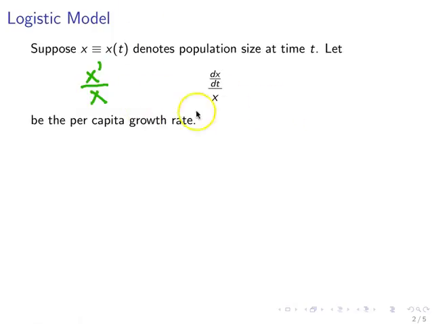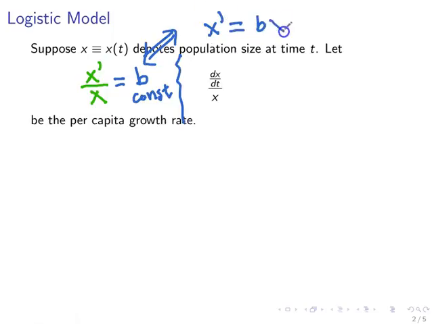And so what we would like to notice is, look, if we assume that that ratio is constant, so let's suppose that this ratio is equal to a constant b, for example. Well, assuming that the per capita growth rate is constant is equivalent to x prime equals b times x, b being a constant, and this implies that we would have an exponentially growing population, something that looks like a e to the b t, right?